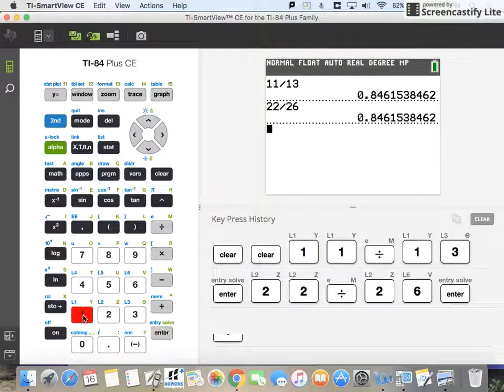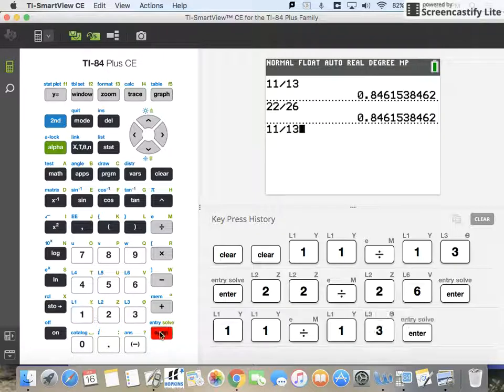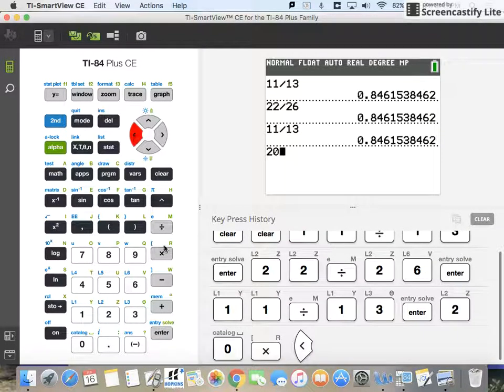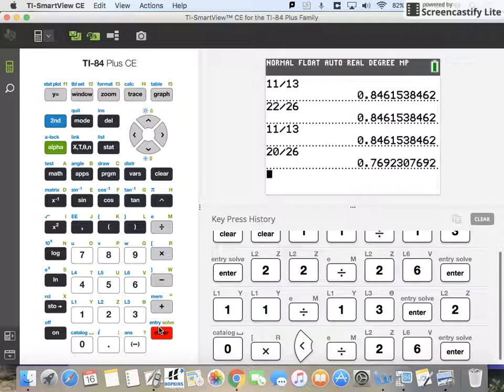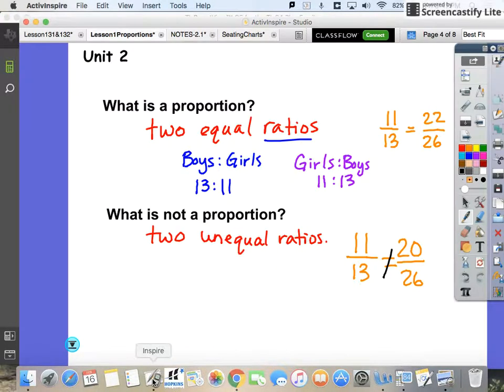In the second example, 11 over 13 is still that, but if we did 20 over 26 instead, we would get a different decimal. This is 0.84, that's equal to 0.84, but that's not equal to 0.76, which is what we just found, okay?